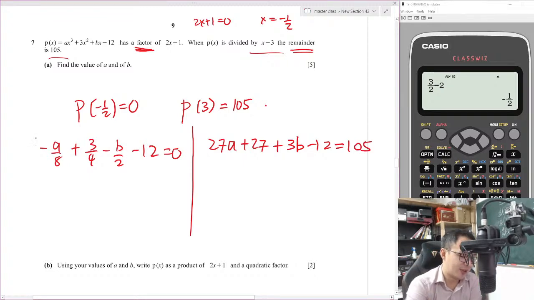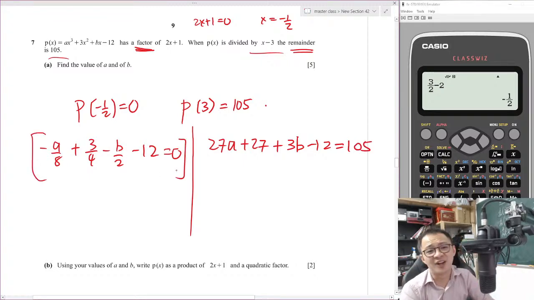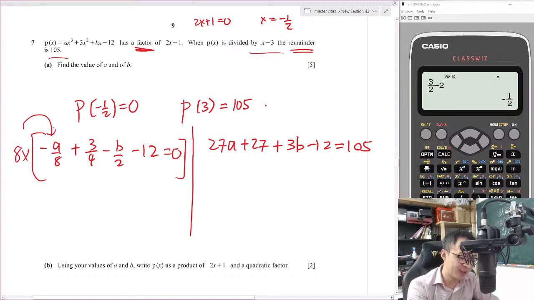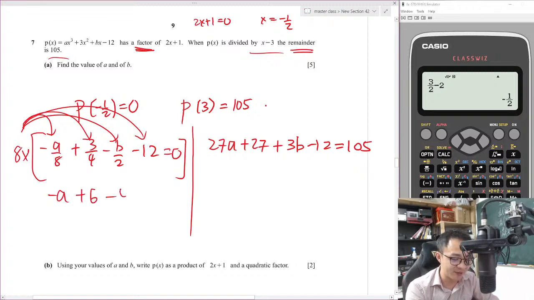For a question like this, I don't like fractions, so what I will do here is multiply the whole equation by 8. Imagine 8 multiplied for every single one. This gives me negative a plus 6 minus 4b minus 96 equals 0.